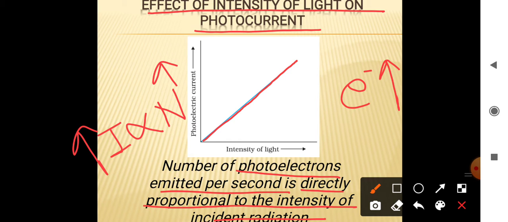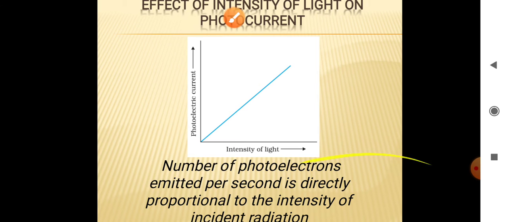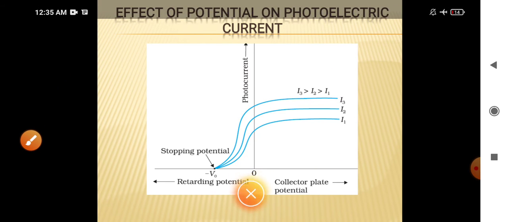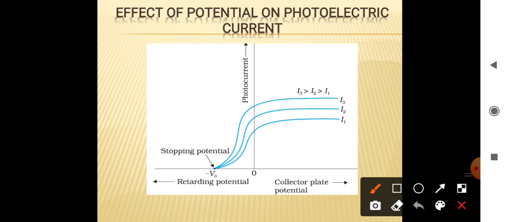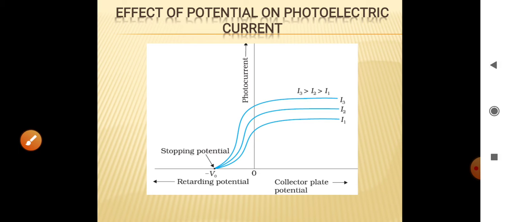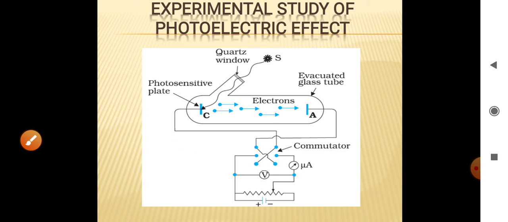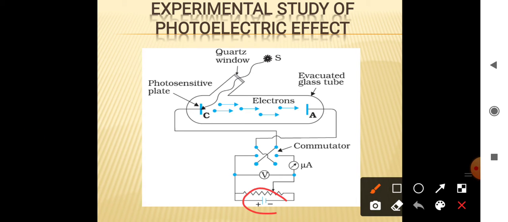Now we move to the next slide. The second factor is the effect of potential on the photoelectric current. What does the potential mean over here? In this second point, the potential means the voltage of the external battery, this battery. What will happen if we increase the voltage of this battery?